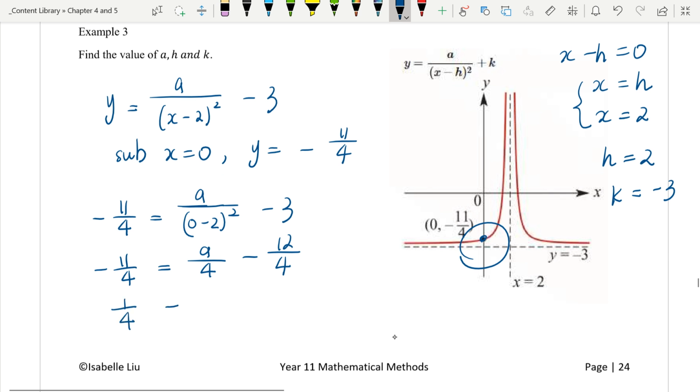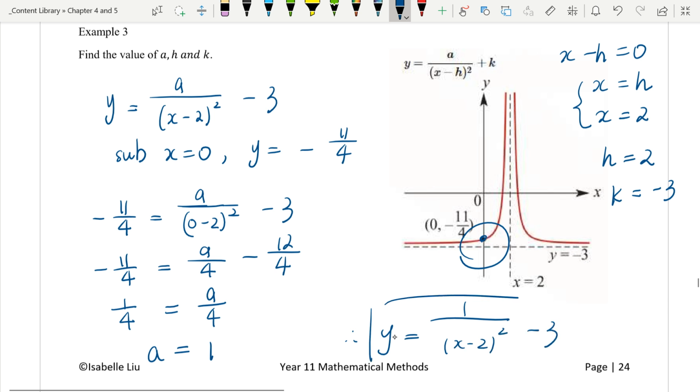So 1 over 4 equals a over 4, and a is 1. So y equals 1 over (x - 2) squared, minus 3. That's the rule. Nothing new, it's just basically solving skills.